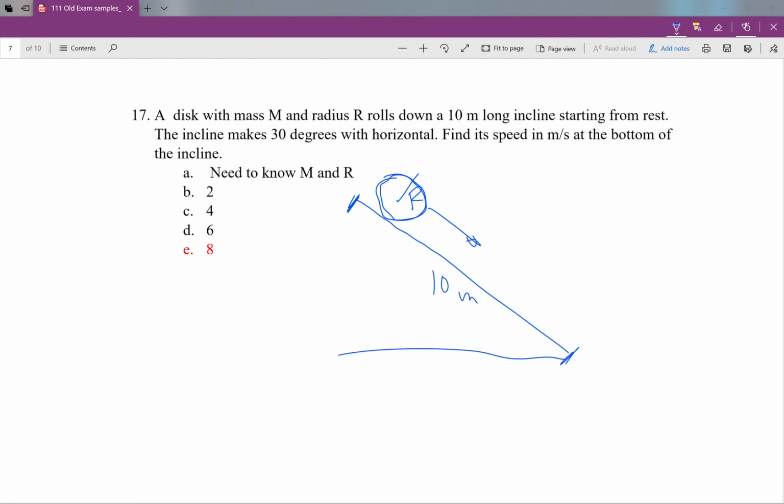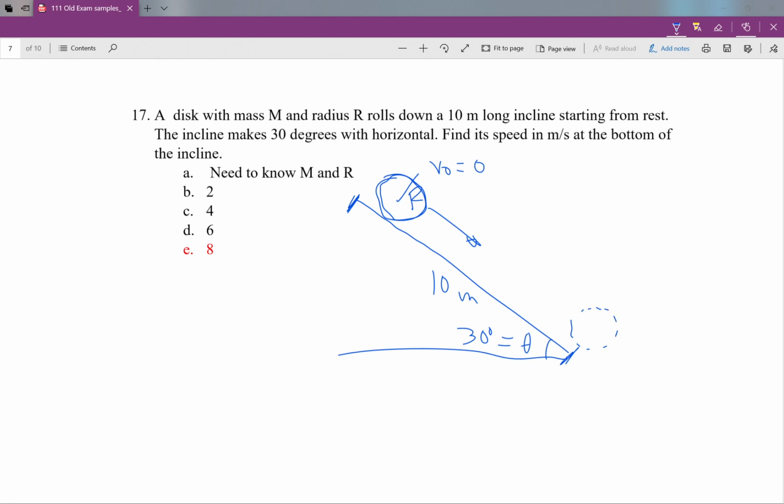The initial velocity v0 is 0, and the incline makes 30 degrees with the horizontal. So we got theta equals 30 degrees. Find its speed in meters per second at the bottom of the incline. We want to find the speed of the disk at the bottom.